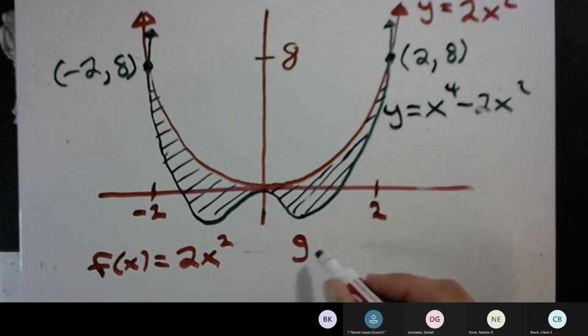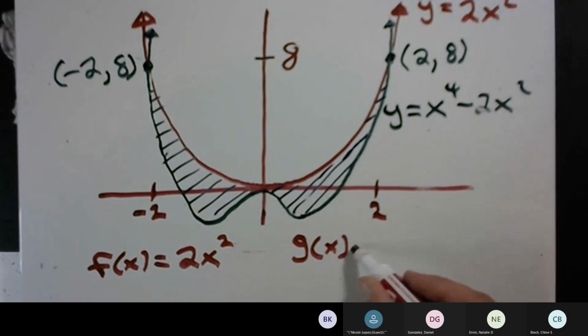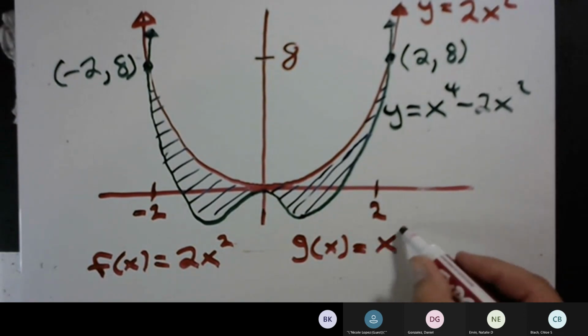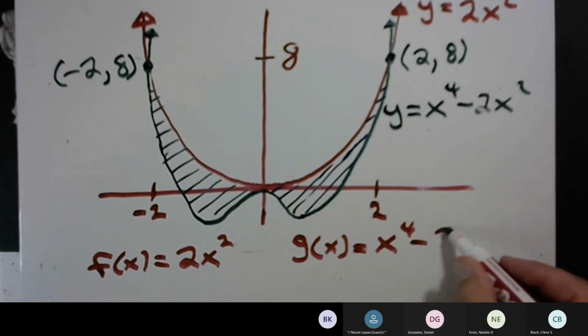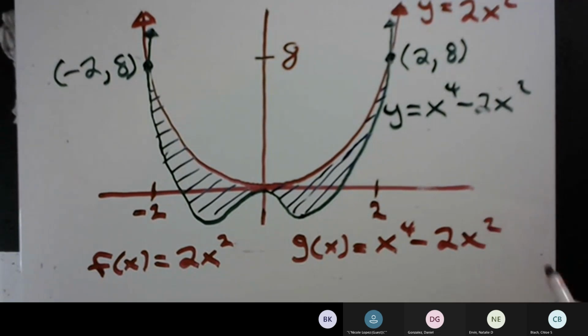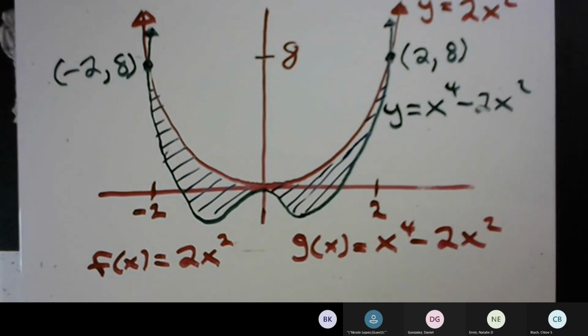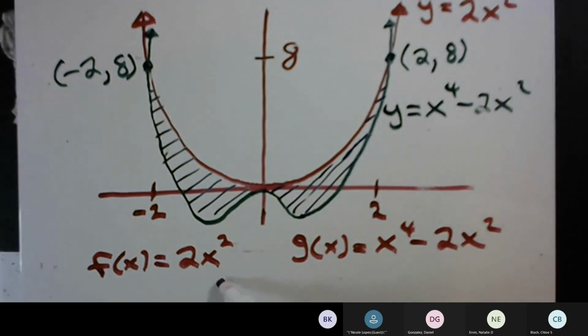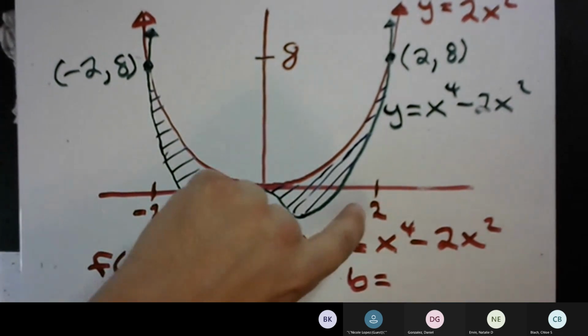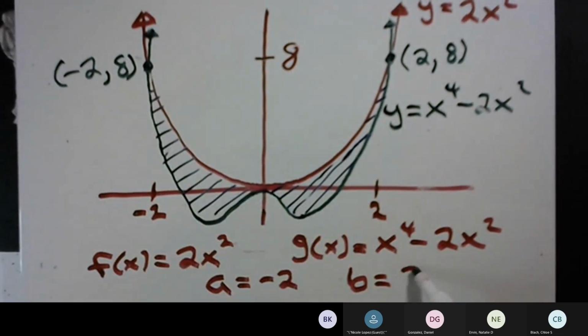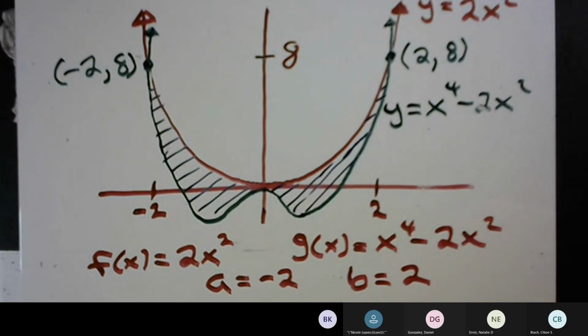The bottom function, or the g of x, that's going to be x to the 4th minus 2x squared. And then the lower bound, where we're going to start integrating, is -2. And the upper bound, where we stop integrating, that's going to be +2.